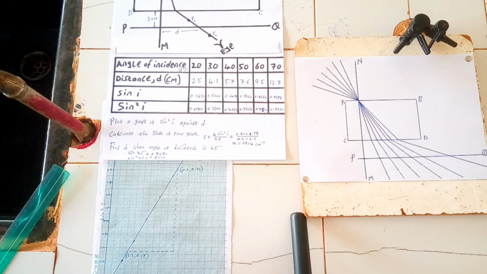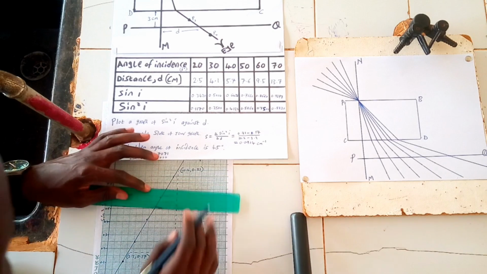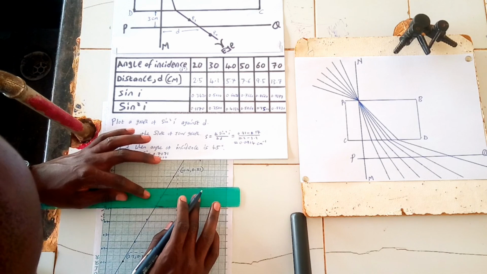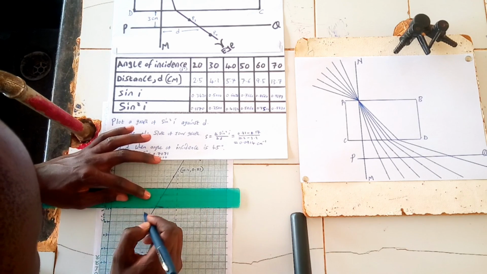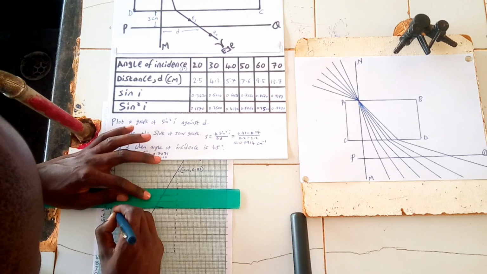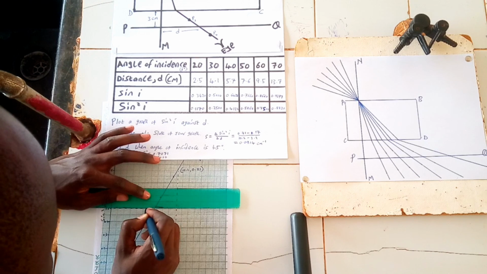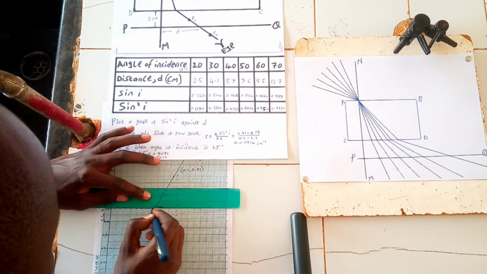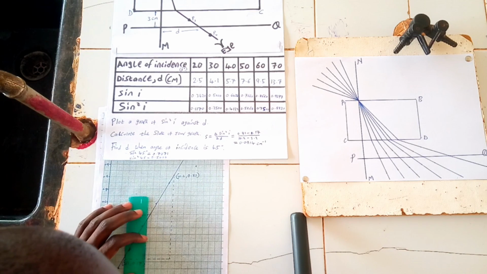So in that case now, we look when sin² is 0.5, what is the value of d? So when this one is 0.5, that means you have this point here. Then we drop down here.